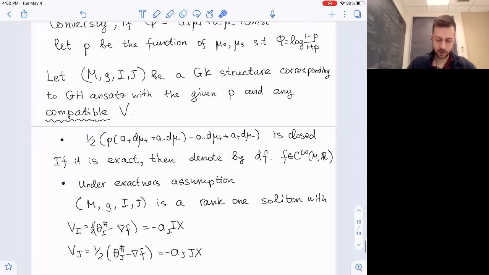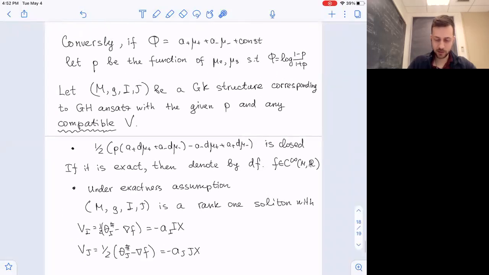Anyway, bottom line is that you can choose any two real constants, A plus and A minus. You can consider the corresponding angle function. Again, locally, you have an abundance of compatible functions V solving the necessary elliptic equation. And for any choice of V, at least locally, because locally you will not have an exactness issue, you will have a rank 1 soliton.